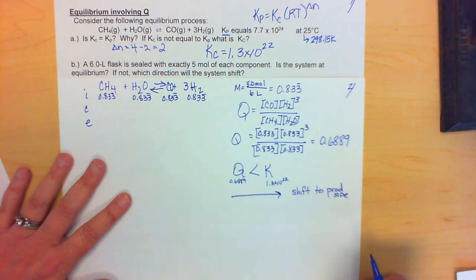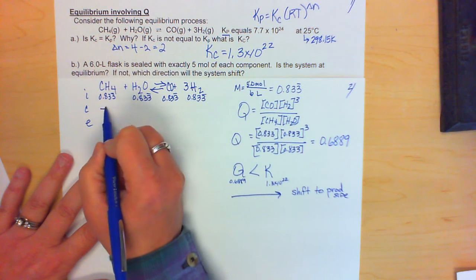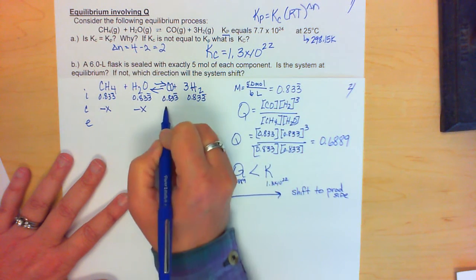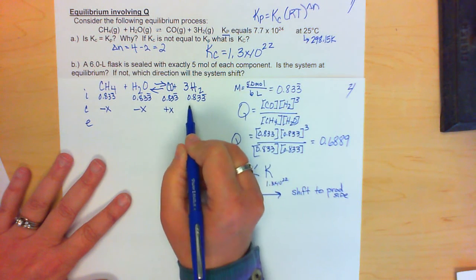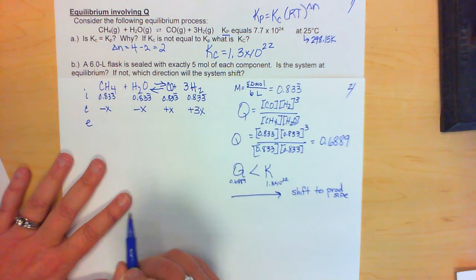So you're like, okay, how does that help me? Well, that means that when I go back up here, I can say we're going to shift to the product side. So I'm going to lose X here, lose X here, gain X here, and gain 3X here because there's a coefficient of 3.